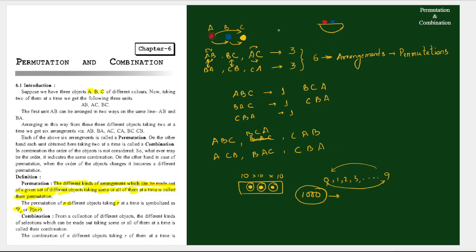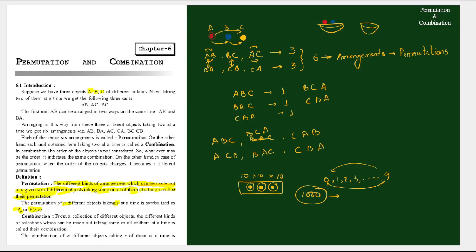Then in the second scenario, what is our next scenario? This is our ball. In the next scenario, first we took what? B. B is what? Blue.